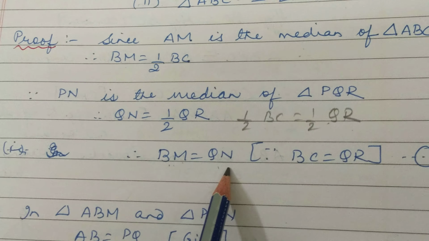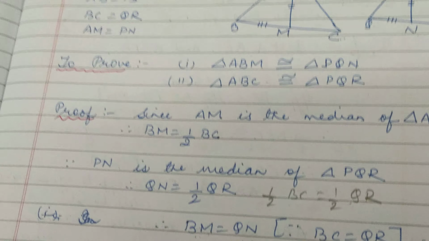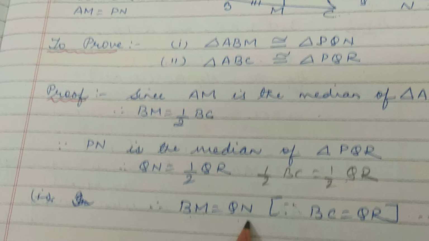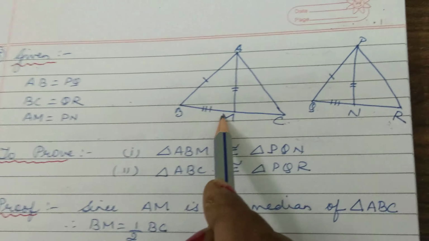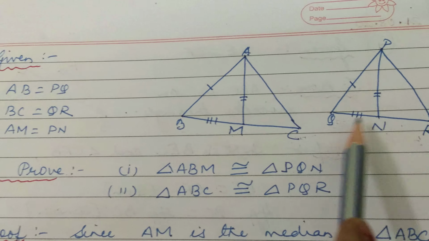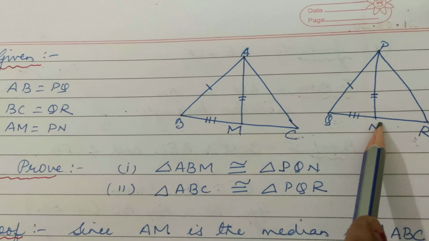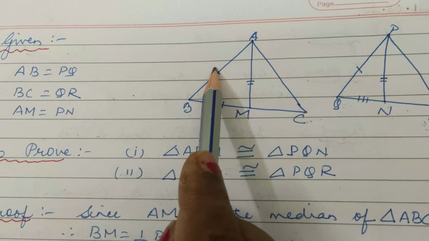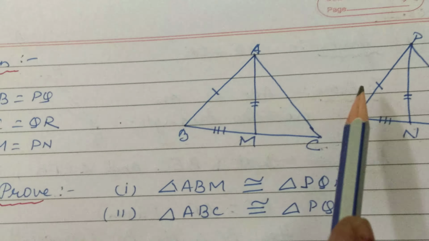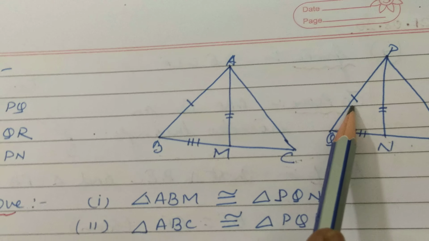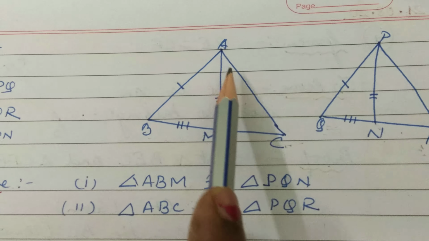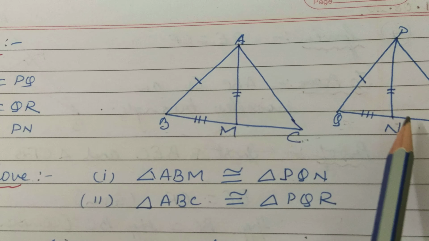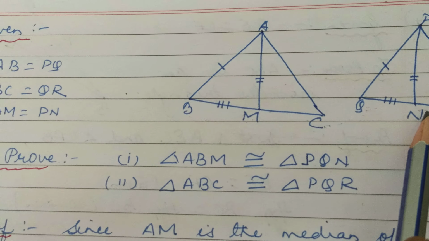Now, let us prove the first part of the question. We have to prove that triangle ABM is congruent to triangle PQN. In these two triangles, AB is equal to PQ, given in the question. Median AM is equal to median PN, also given.